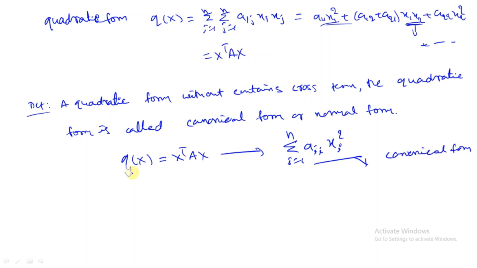Then a quadratic form is converted to canonical form by using orthogonal transformation. Before we see orthogonal transformation, we already discussed diagonalization.